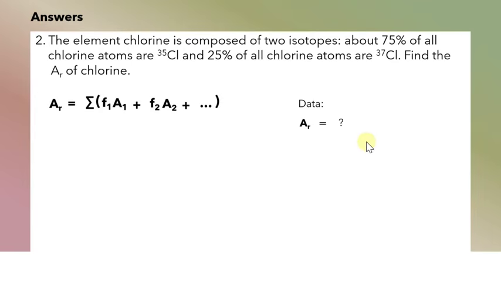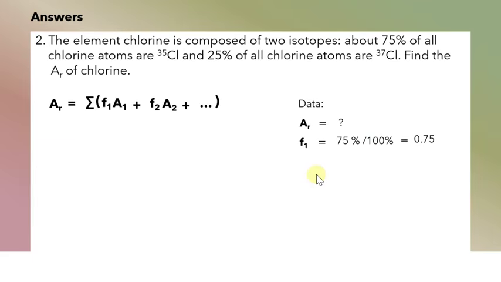Then we know that F1, which is percentage abundance, is the percentage for atom 1 or isotope 1, like 75% of all chlorine atoms are 35. So this 35 chlorine isotope has the percentage abundance of 75. That 75 converted to a number will be 0.75.